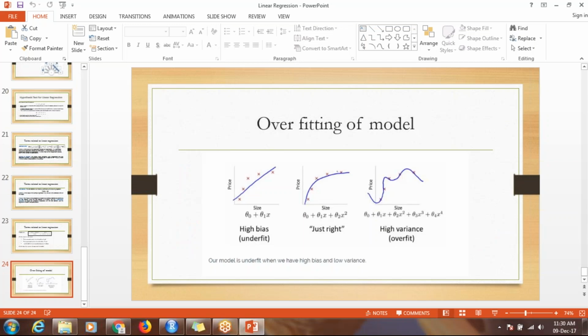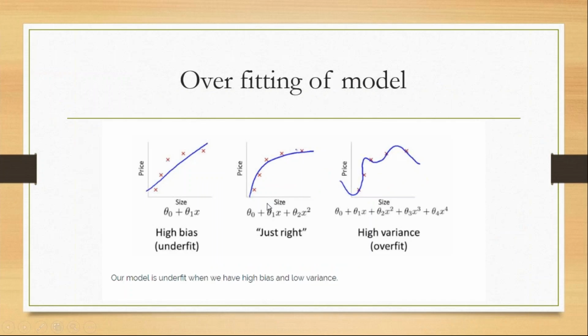A few things about overfitting and underfitting. I've already said that underfit is when a few more variables are required but you have used fewer. Yeah, I have one doubt. Tell me. Where you have mentioned the null hypothesis, you told me that the null hypothesis is that the slope is zero.